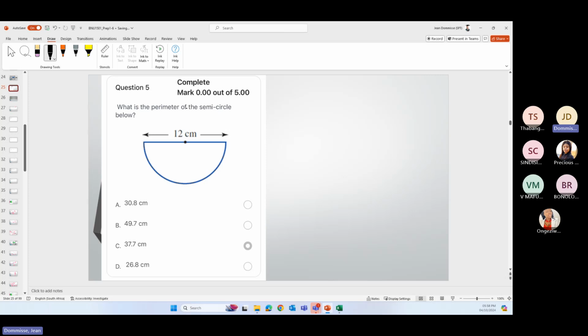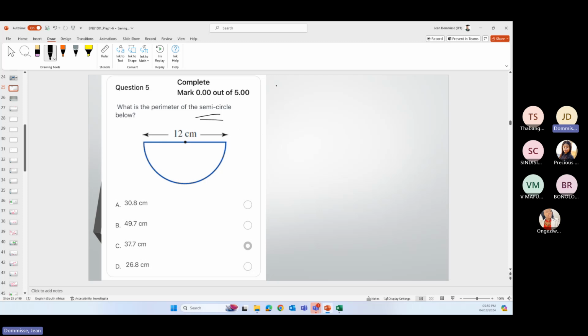Okay, then a question that they love to put in somehow is the semicircle. Okay, so they love to do semicircles. So the perimeter of a semicircle, or what they love to do also is the area of a semicircle. So let's first do the perimeter, and then we'll do the area as well, even though there's no answer for it, but let's do both.